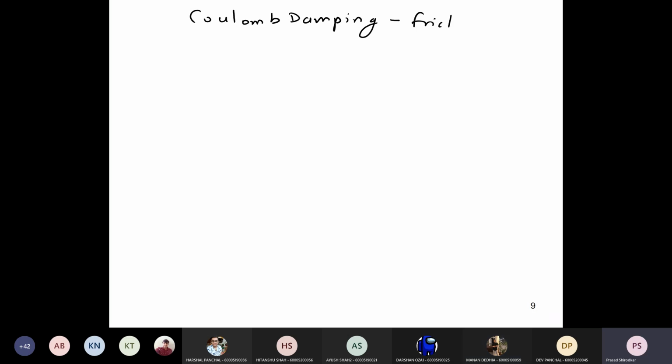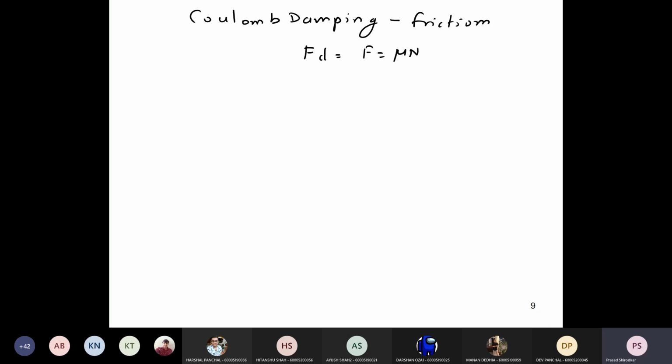Okay. So if the damping is due to friction, then it is considered Coulomb damping, and in this case the damping force Fd is nothing but your frictional force, that is mu into N. So that is the damping force.